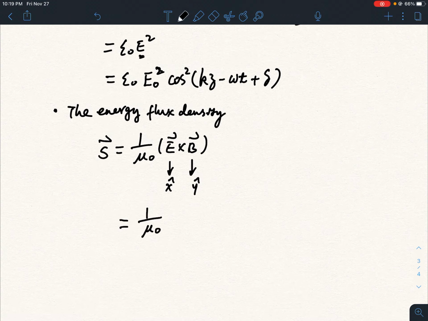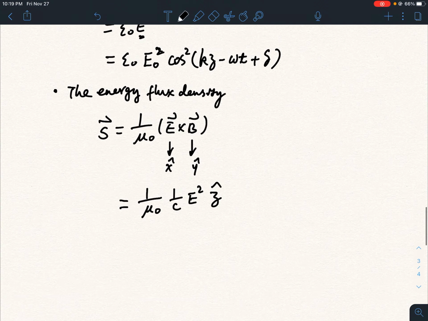Remember that B and E differ by a factor of 1/c, so this is along the z direction.